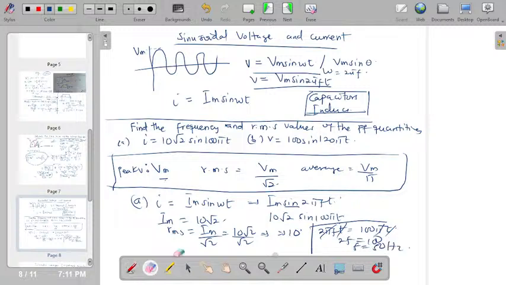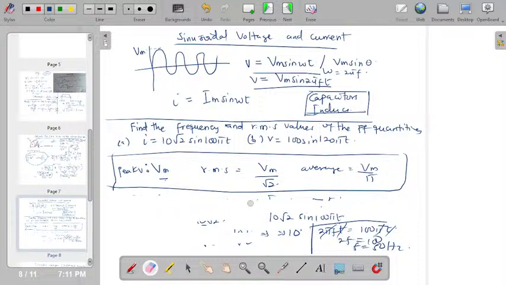Now, the next thing is to do the same for our voltage. Obviously, we can use our eyes to say that we have 100 as our peak voltage, right? So if you want to find the RMS voltage, it becomes the peak over square root of 2.